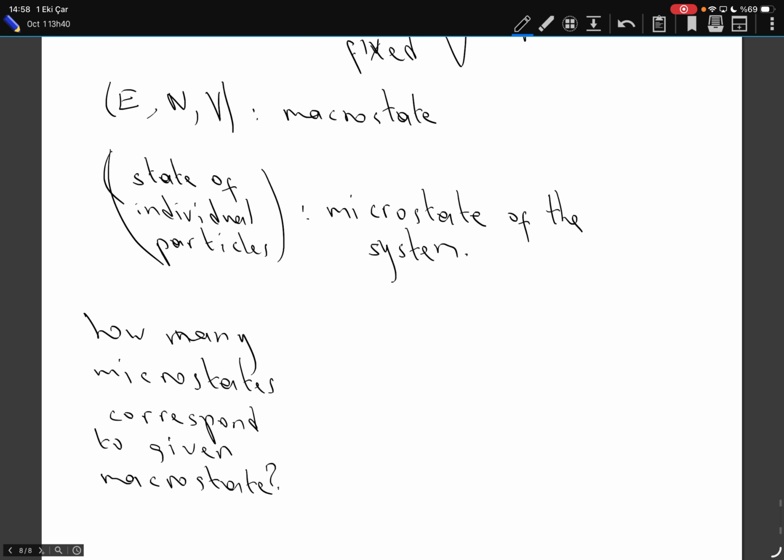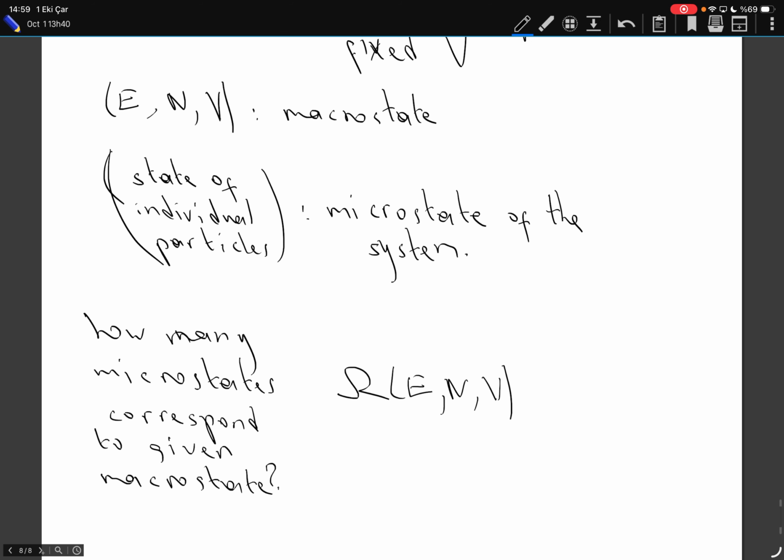Let's call this number omega. For a given isolated system of energy E, number of particles N, and volume V, let me just call this omega.